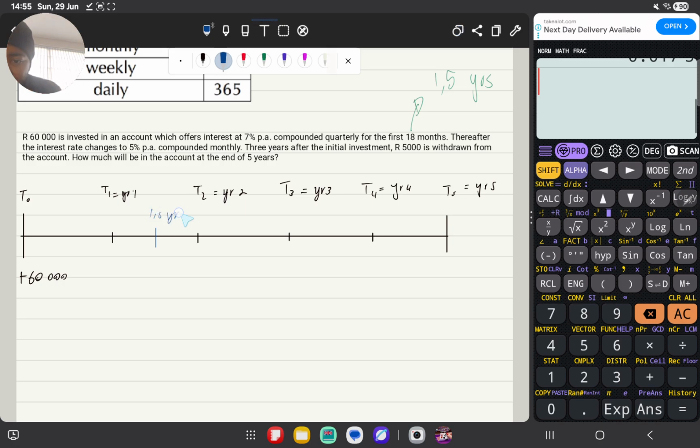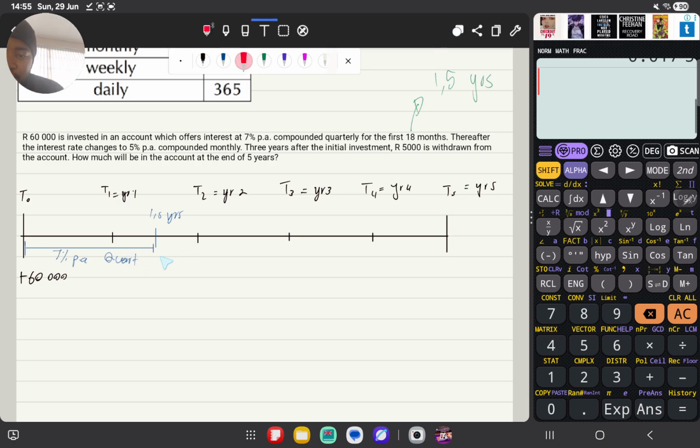And during that time of 1.5 years, up until this point, the interest rate is how much? 7% per annum compounded quarterly, right?